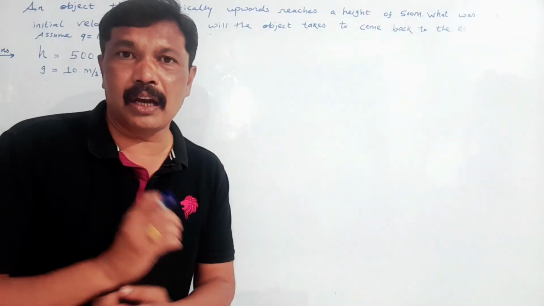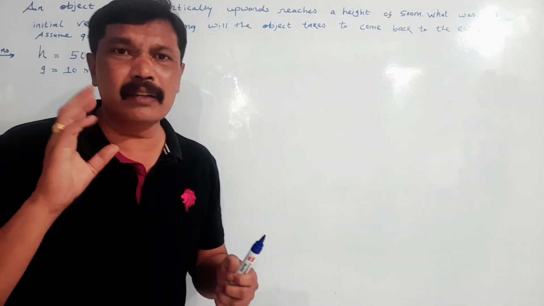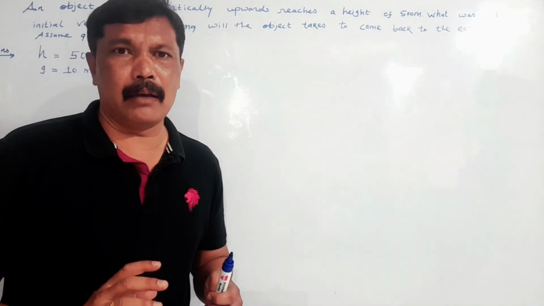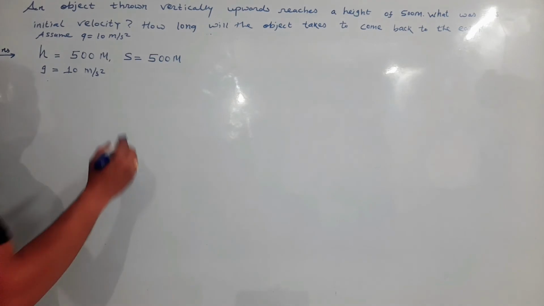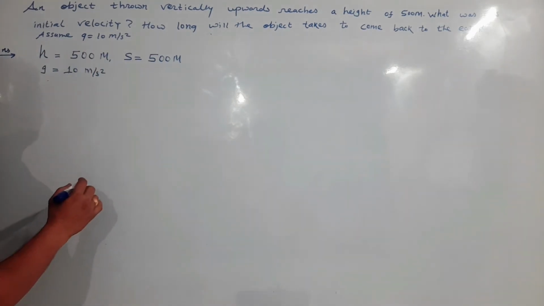My dear student, now we have calculated the initial velocity and the time taken by a body to attain the height of 500 meter when the body is thrown vertically upward.